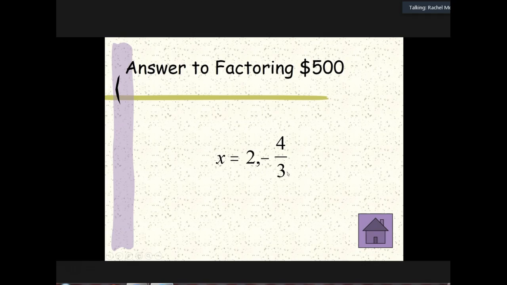So your correct answers, and I just took factored form, but your correct answers were 2 and -4/3. So if you did Quadratic Formula, then you got down to those answers.